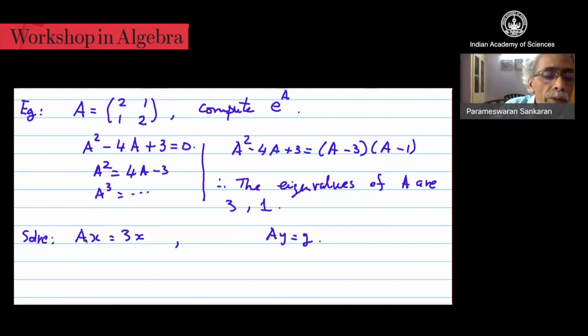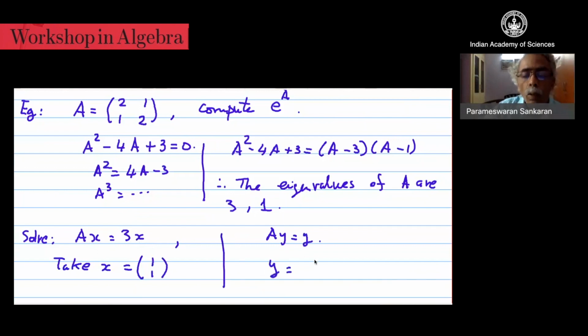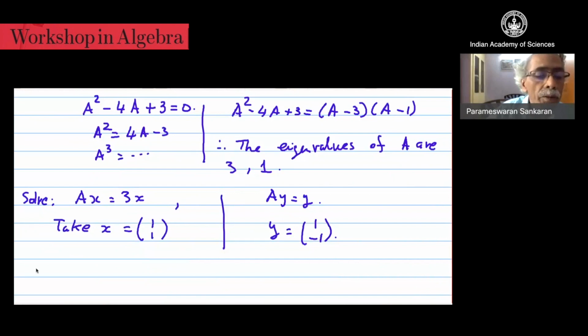Now you take this A minus 3. You know how to solve this, and it turns out that x is equal to (1, 1), and y is equal to (1, -1), but we will verify these things. Very quickly, the matrix with rows (2, 1) and (1, 2) multiplied by (1, 1) gives 2 plus 1, that is 3, and 1 plus 2, that's also 3.